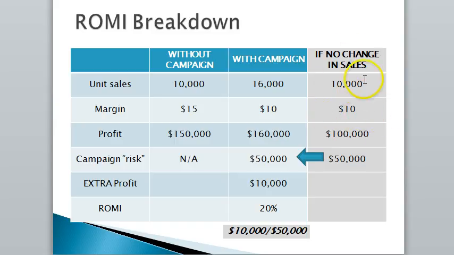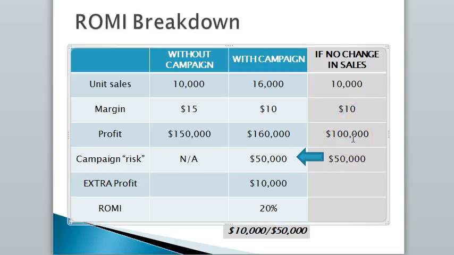So if this discount strategy didn't work, we would only have made $100,000 for the same period instead of $150,000. So we have put at risk, and that's the key word there, risk, $50,000 of the organization's money. So we use that as the base of the marketing investment. Technically we haven't spent it, but that is the downside of the campaign.